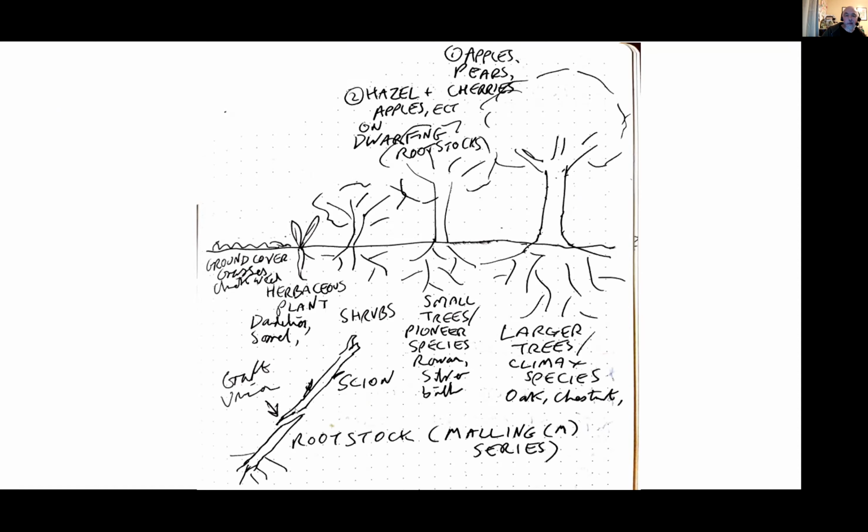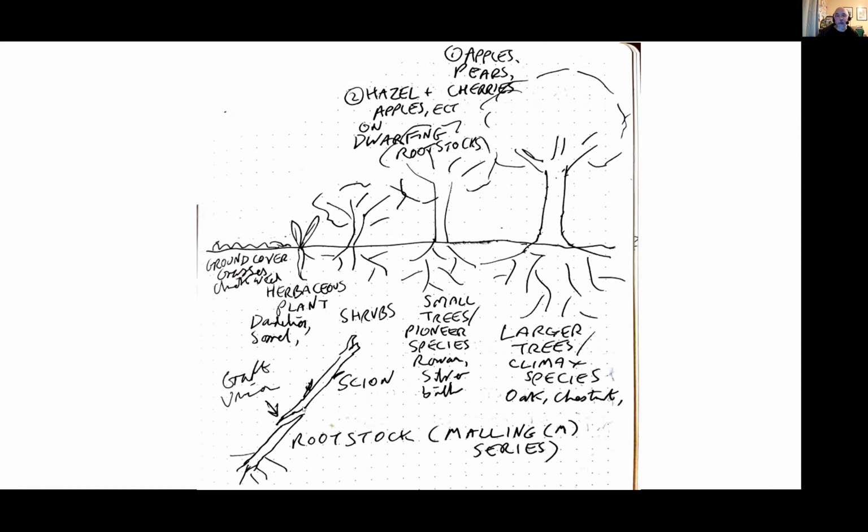You're combining the two, and then you wrap special tape around it, or I just use carrier bags, actually, just torn up. I had to do it in a hurry, and all I had to hand was a carrier bag. Anything that stops the graft from drying out and stops diseases or fungal infections from getting in there.